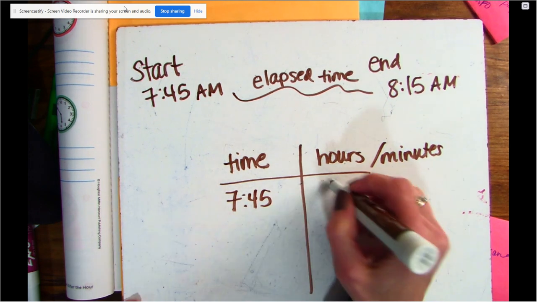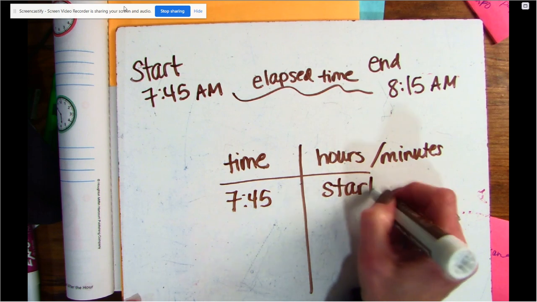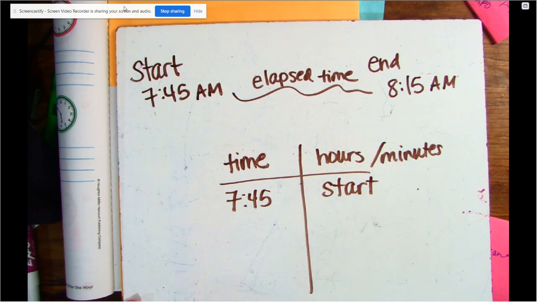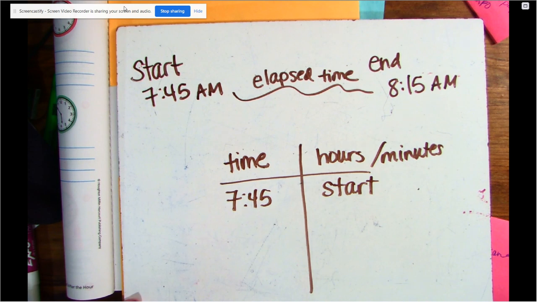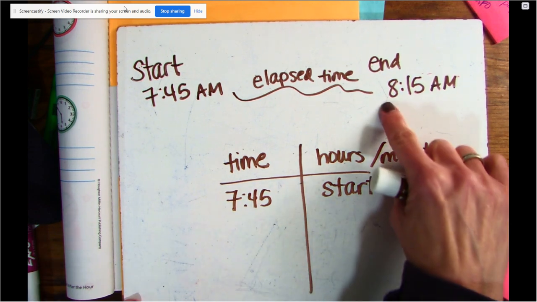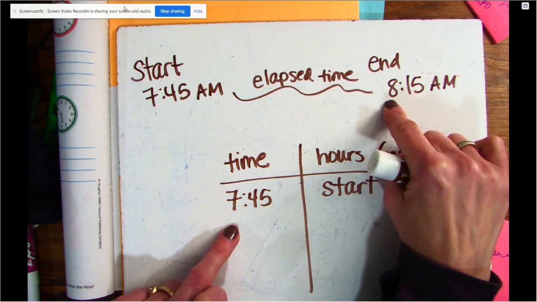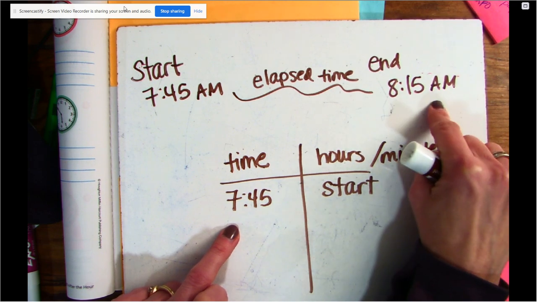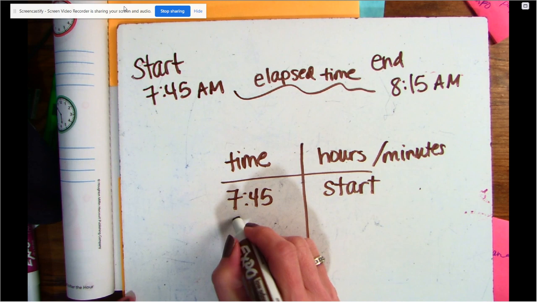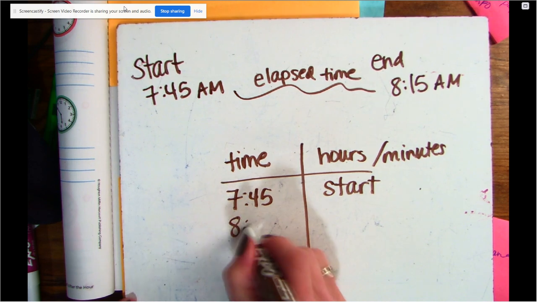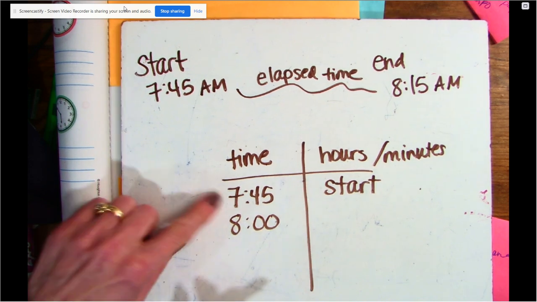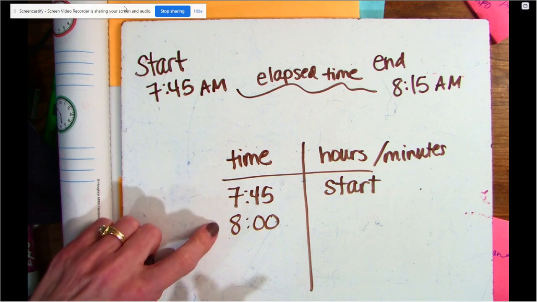That's our start. Okay, I'm going to think, can I go to the next hour? Can I go to 8 o'clock without passing my end time? Yeah, I can. So if I go to 8 o'clock, I know that's a quarter of an hour. How many minutes is that? That's 15.